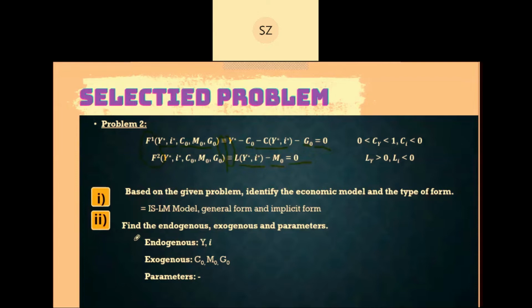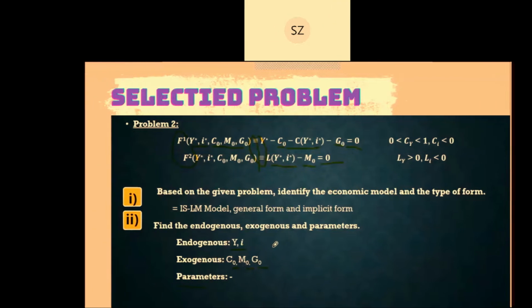Next, we will find the endogenous, exogenous, and parameters. The endogenous variables are income and interest rate. For the exogenous variables, we look for those with the subscript, which are C null, M null, and G null. For parameters, we don't have any parameters here.